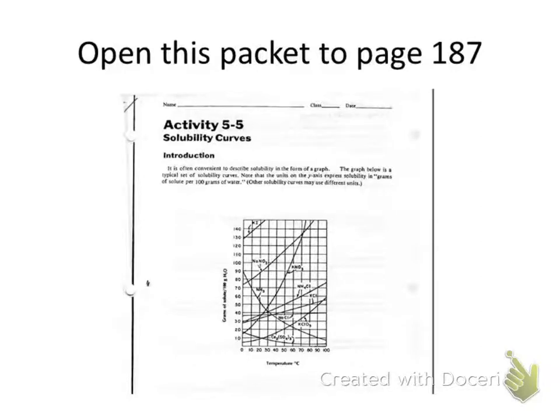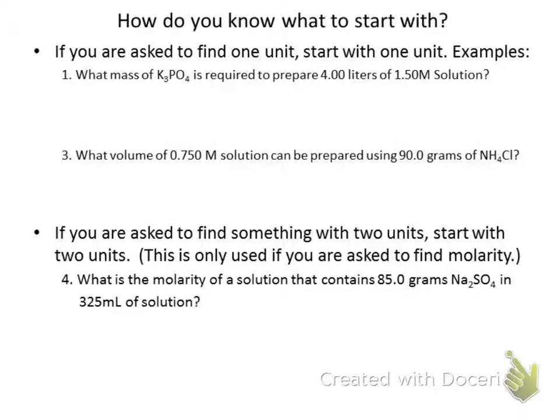This is the packet that we will be using. If you flip to, I think it's page 189, either way, take a look at what's on the screen here. The first question says, what mass of potassium phosphate is required to prepare 4 liters of 1.50 molar solution? Notice how it's asking you to find mass. Well, you know that mass is grams.